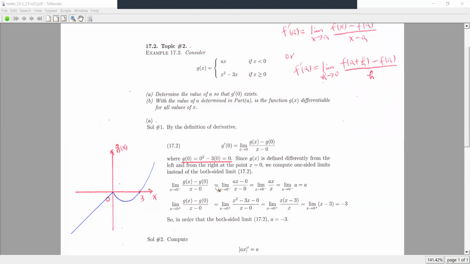So we have this equation. Now, cancel x from this limit, then we have this equation. A is a constant, so this limit is a. Therefore, the left-hand side limit at the point 0 is a.